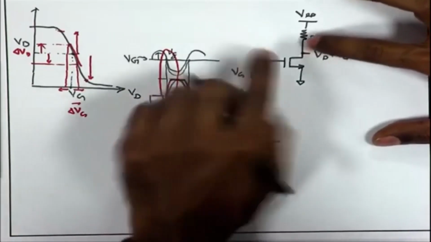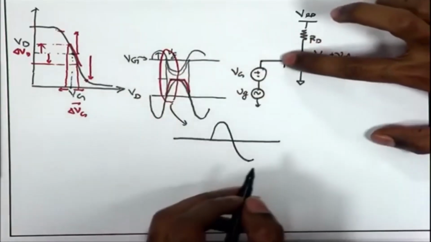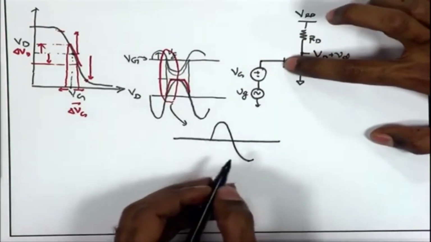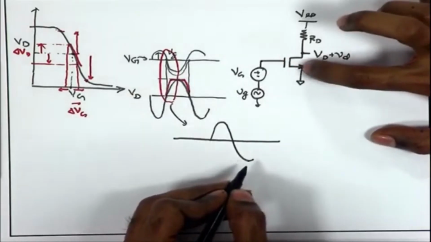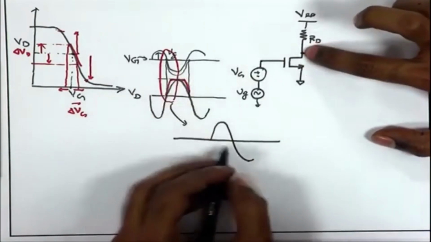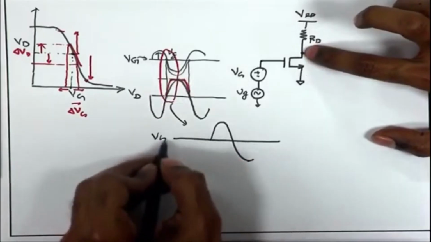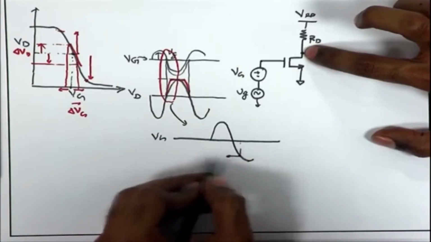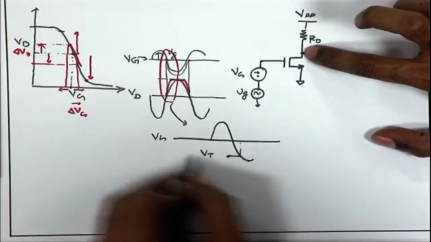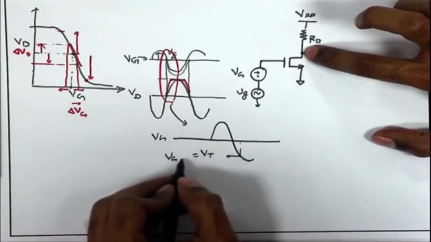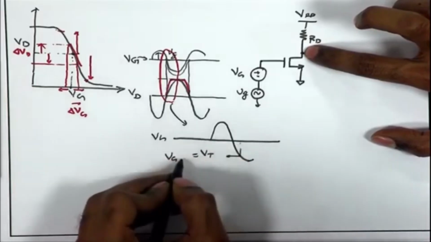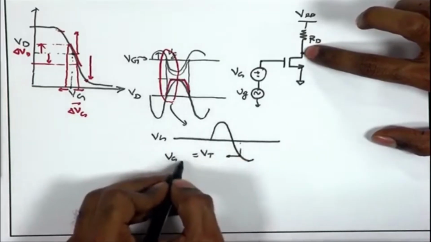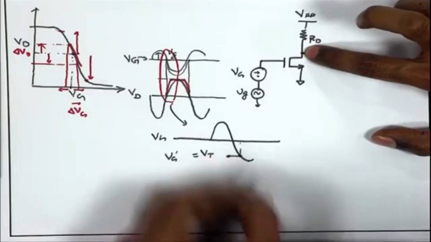Suppose it goes so low that the overall voltage over here, capital Vg plus small vg, is getting lower than Vt. Suppose this was your Vg, or you can say the instantaneous Vg, I can call it Vg dash, which is hitting Vt at this point.